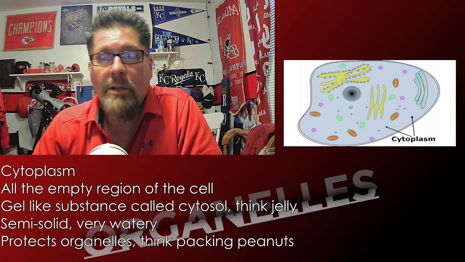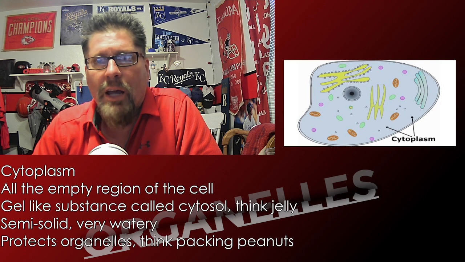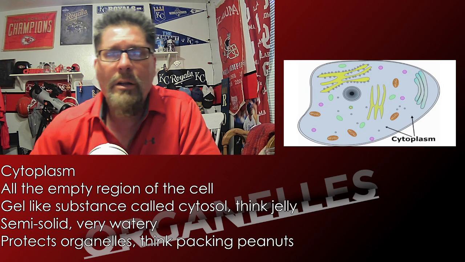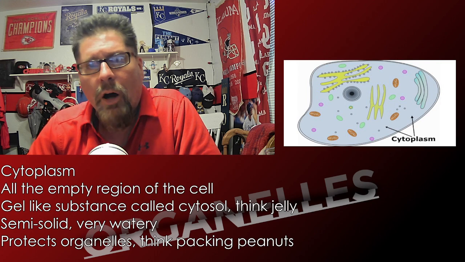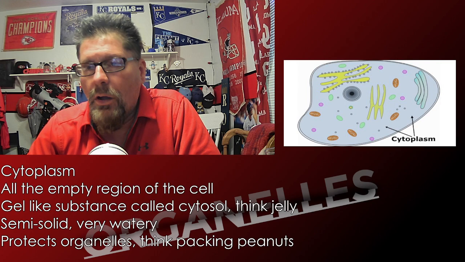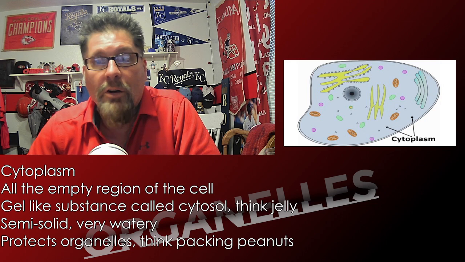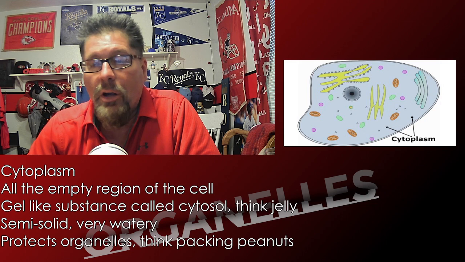And you can think of the cytoplasm as a gel-like substance. It's made up of cytosol, which is where it gets its name, cytoplasm. But you can think jelly, watery, semi-solid. The idea is it gives the organelles something to nestle in or rest in, to be safe, to jostle around.